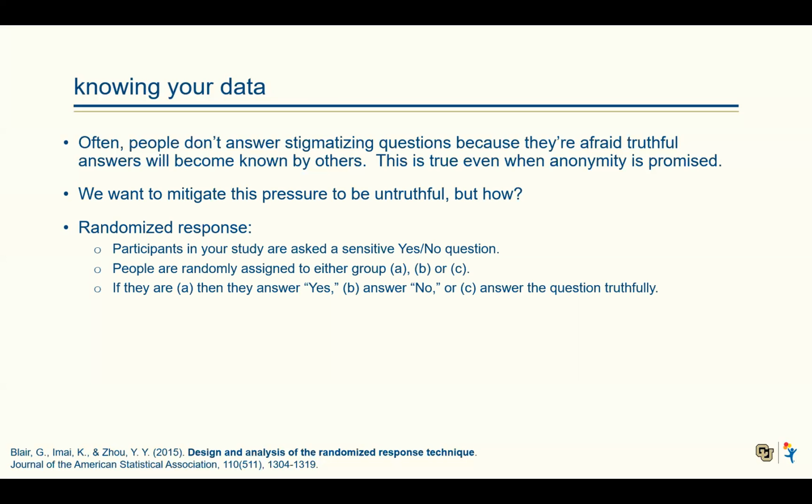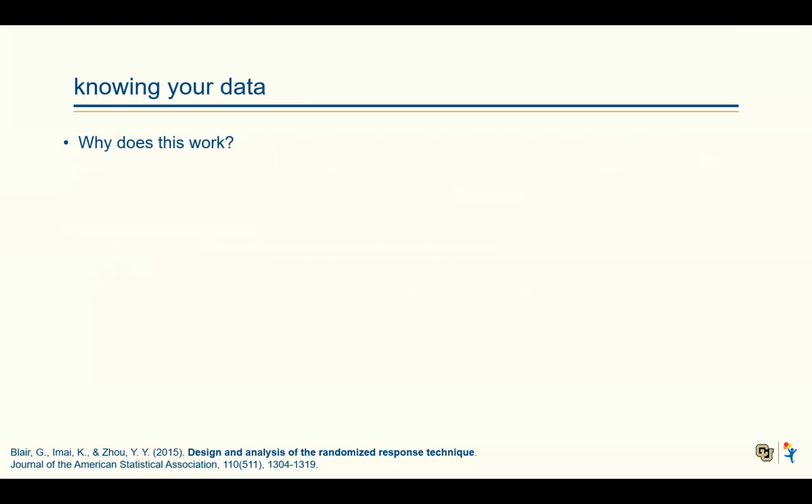Group B, no matter what the truth is or what the question is, they will answer no. And only if they are randomly assigned to group C will they tell the truth. This is the general gist of a randomized response. You ask a tough question, then you randomize people into one of these three groups, and they answer accordingly. That's what I'm going to explain for the rest of the time.